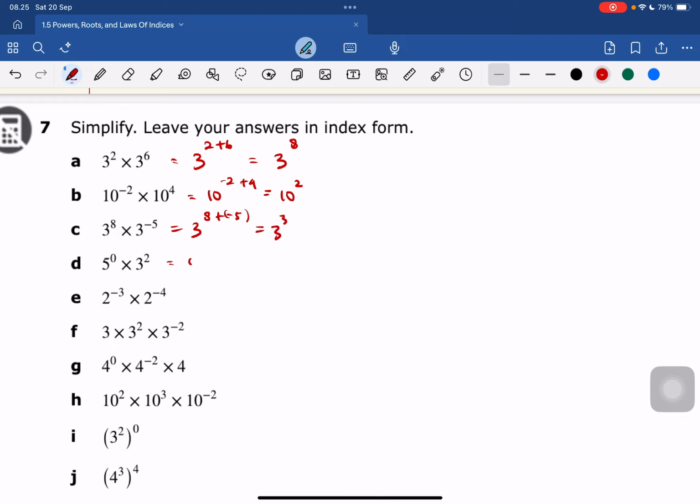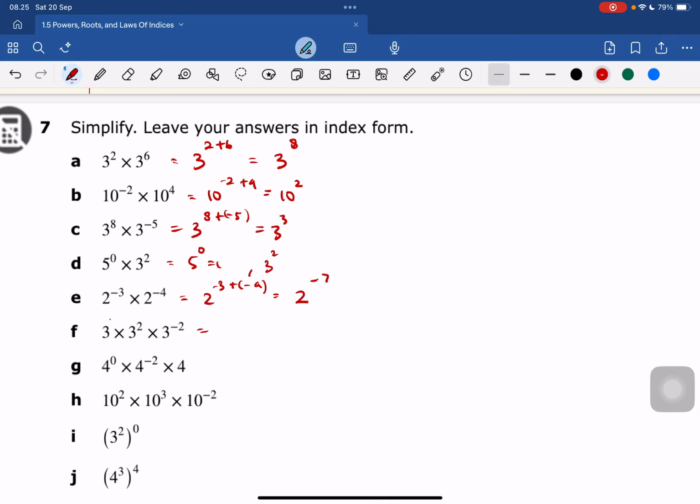Next we have 5 power of 0. It's going to be 1. Next, 3 power of 2, because 1 times 3 power of 2 is 3 power of 2. Next, the same base, so 2 power of minus 3 plus minus 4, which is 2 power of minus 7.